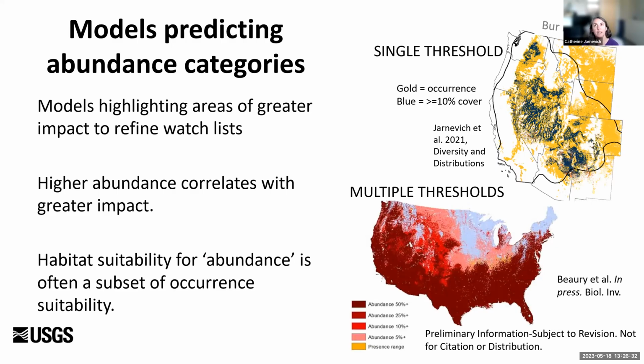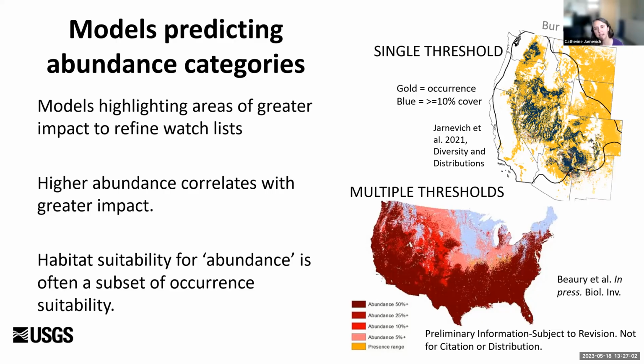We're not creating a true abundance model, mostly because the data just isn't there. A lot of the information that we have for abundance is cover class information rather than true percent cover estimates. And for a lot of species, there's also not enough of a range of occurrences with different levels of abundance to develop a true model.